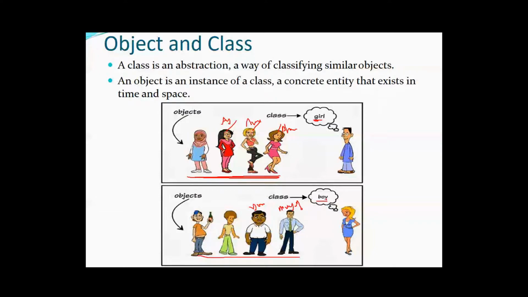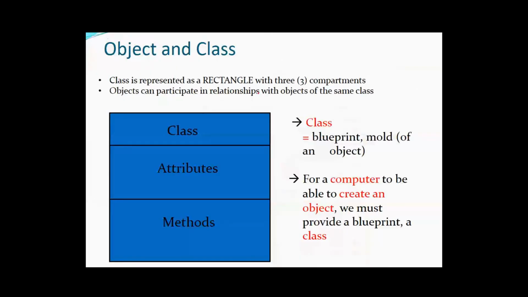Now, this is the representation of the class. Quickly, you put the class name, you put the attribute here, and you put the method or function here. As we said, the class is a blueprint. This is the rectangle; you split it into three areas: the name of the class, the attributes of the class, and the methods.